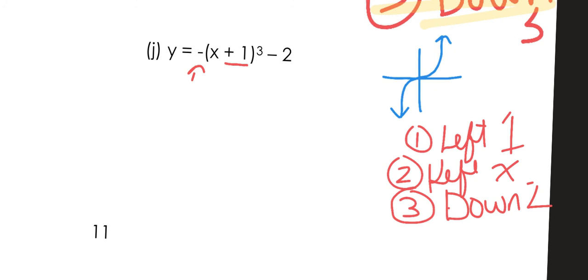Here we go. Left 1. Okay, so now that point of inflection I was talking about moves over to -1. This one's kind of a weird one to reflect. It does change.